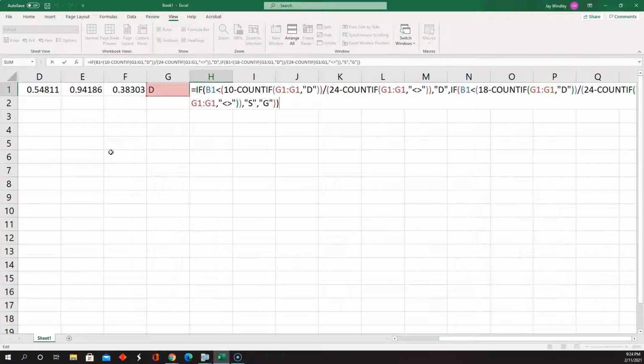So I want to subtract from 18 the number of D's that we've seen before here, even though I'm making the decision on S right now, because we've reduced the total number to 23. If we have not seen any day shift or any swing shift, then swing shift still represents the 11th through 18th person.